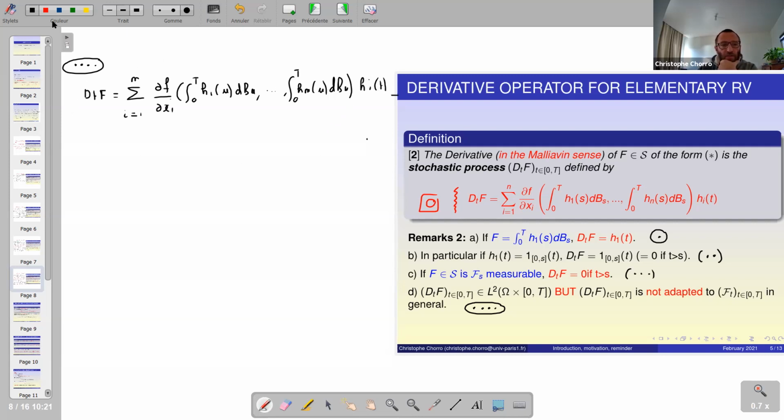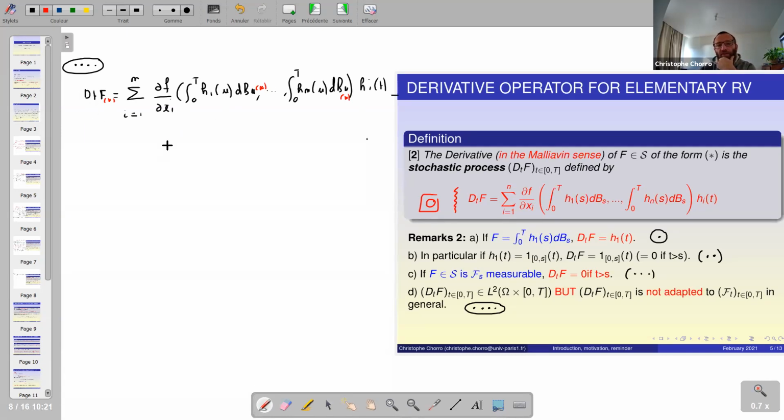So this is a stochastic process, because I can add the variable w here, and you have w here and w here. So you have here a stochastic process depending on t and w.